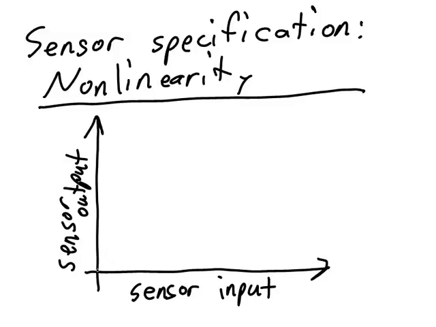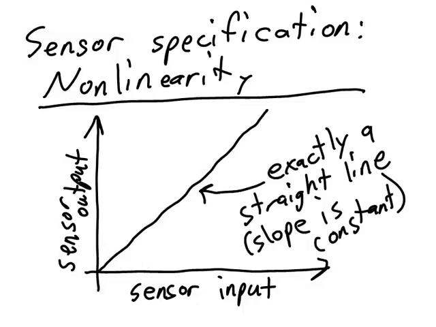So if the sensor response curve is exactly a straight line, in other words, the slope of the line is a constant, or the sensitivity is constant, then we would say that this sensor has zero nonlinearity error.